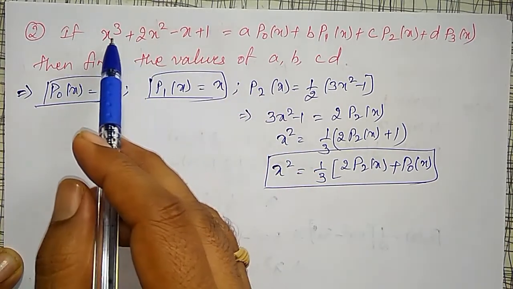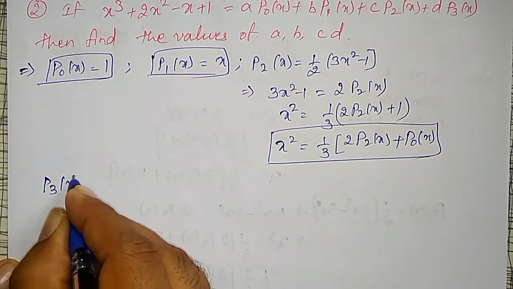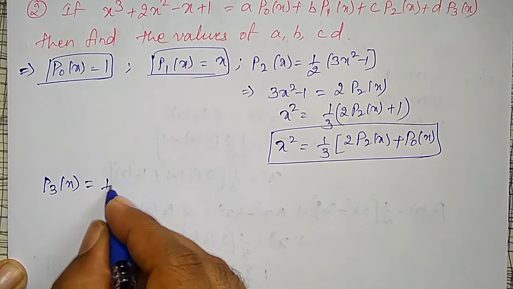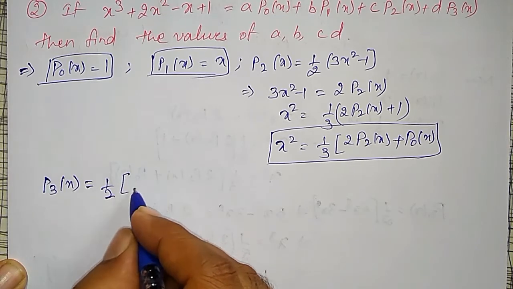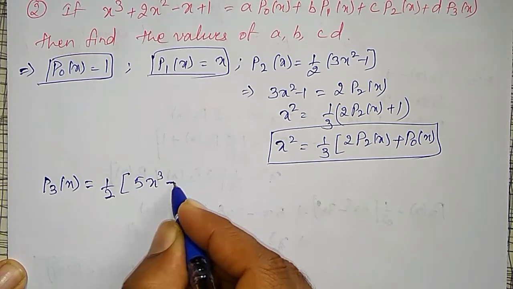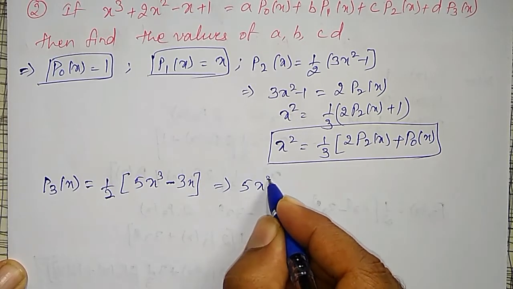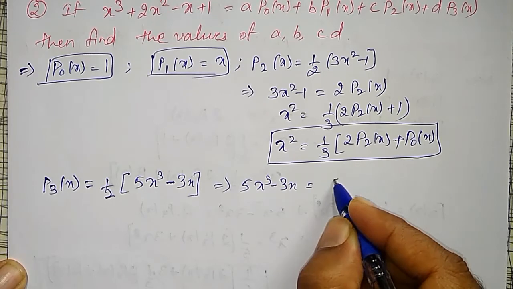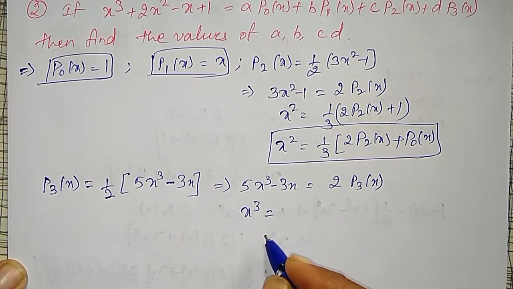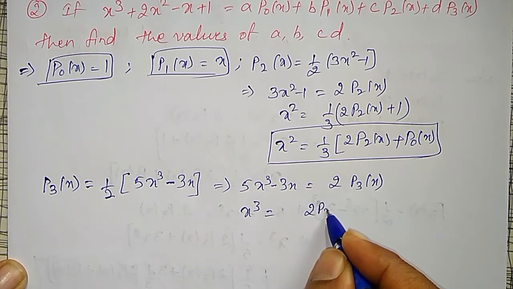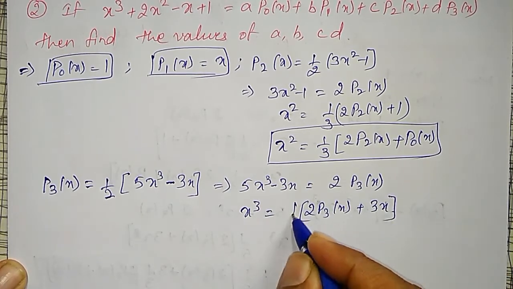Like that, one more term I want: x cube. To find that, you know P3 of x is equal to 1 by 2 times (5x cube minus 3x). Therefore, 5x cube minus 3x is equal to 2 times P3 of x, or x cube is equal to (2 times P3 of x plus 3x) into 1 by 5.